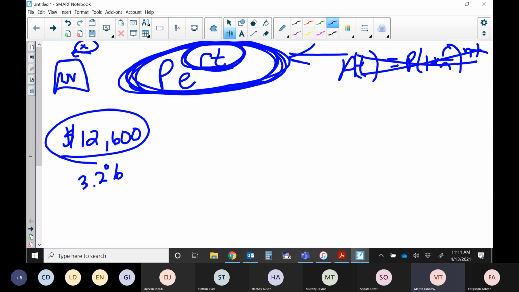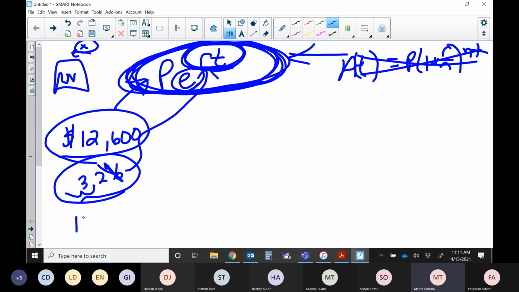So this information they give me is my P. This right here is not my R. I have to change that to a decimal, so I get rid of the percent. Now that's my R. E is a number, it's not a variable. And then they say how much will be in the account after 12 years.